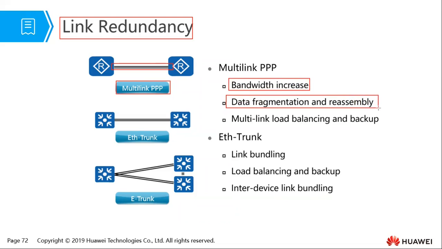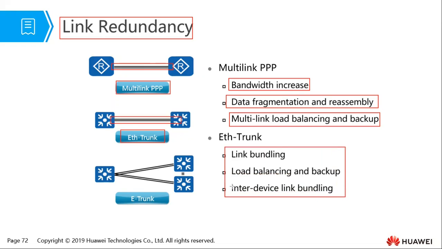With multi-link PPP, they also support data fragmentation and reassembly, and it can also perform load balancing and backup. Some lines can act as backup. So multi-link PPP is for remote sites, while within our network, at the aggregation layer, for example, we can bundle using the Ethernet trunk technology, which is a concept we learned at HCIA and also at HCIP. And the advantages again are there.